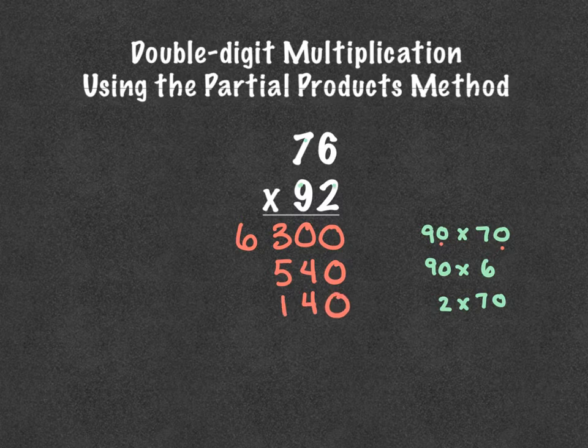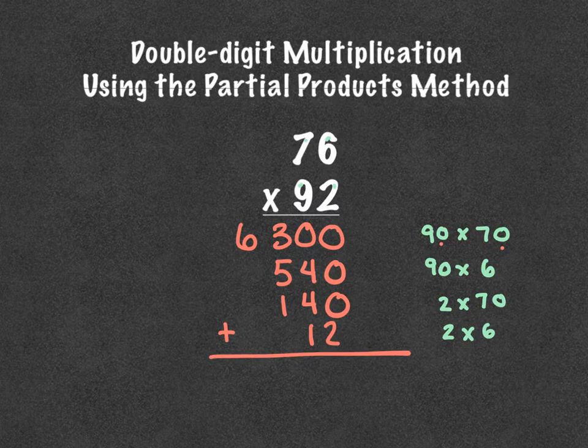Our last step is 2 times 6, which is 12. Then we're going to add it up: 2, 4, 8, 9, 8, 9, and 6. 6,992. Again, you don't need this section over here. This is just to illustrate what we were multiplying for each step.